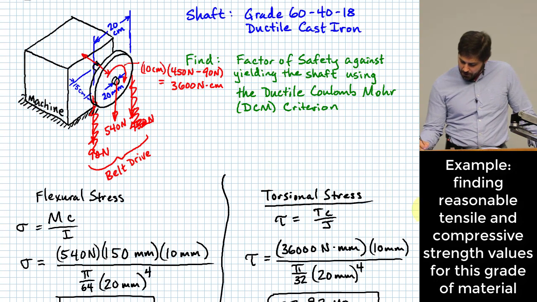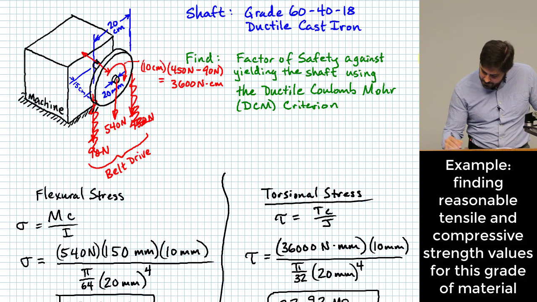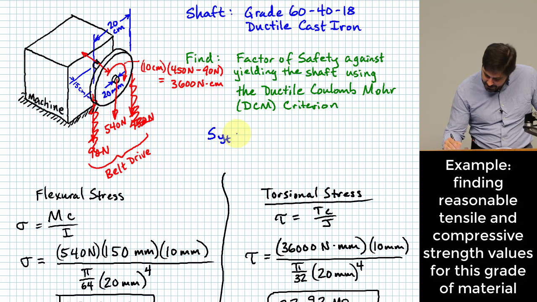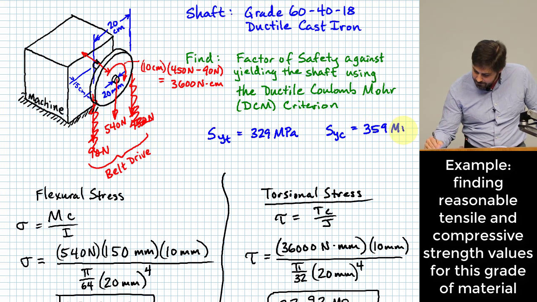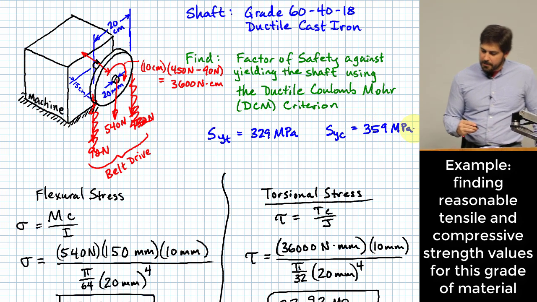All right, so those are our strength values. S sub yt was 329 megapascals. S sub yc was 359 megapascals.